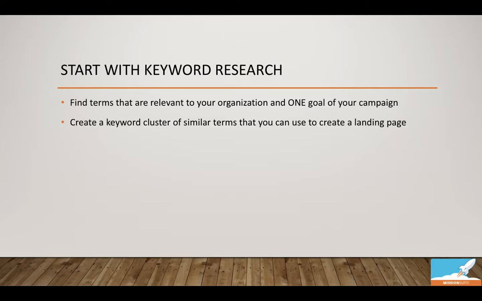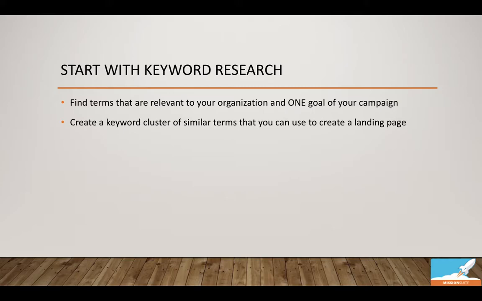So next thing you're going to do is create a cluster of key terms that are similar to one another that you can use to create a landing page. So again, going back to this Alzheimer's in Denver idea, Alzheimer's in Denver is one key term, Alzheimer community in Denver, Alzheimer's help in Denver, Alzheimer's daycare in Denver, things like that.